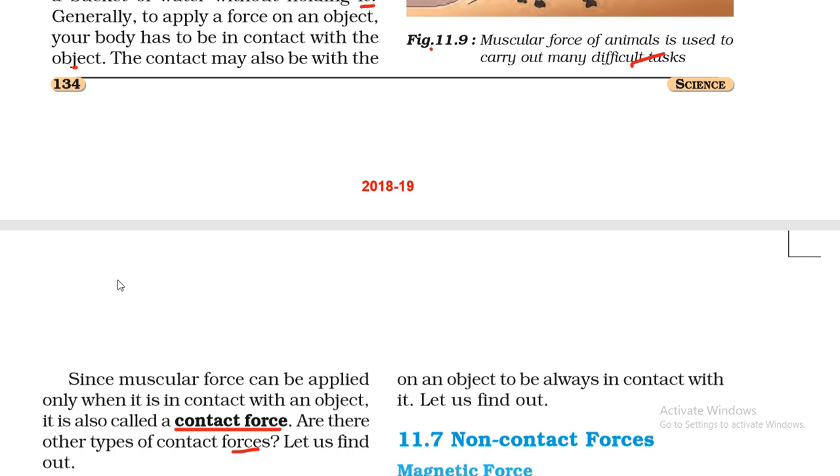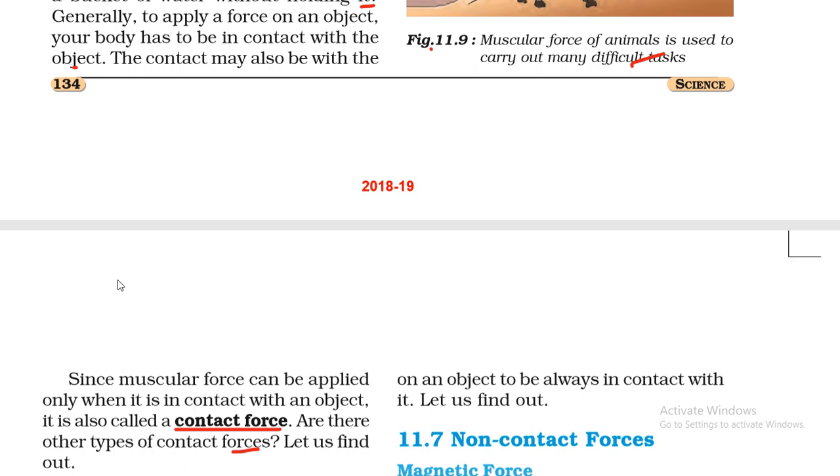Suppose I am going to give you one example of tension. Suppose you have a rubber band. Now you can stretch this rubber band by using muscular force by your two hands, right and left hands. Now if you remove the force, what happens? You know that the rubber band regains its shape, its initial configuration, means its initial length.